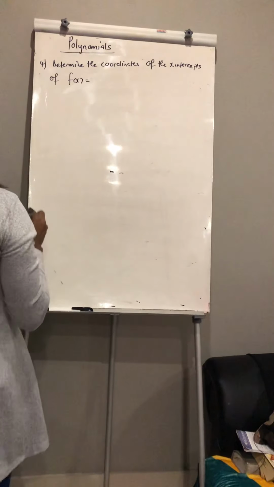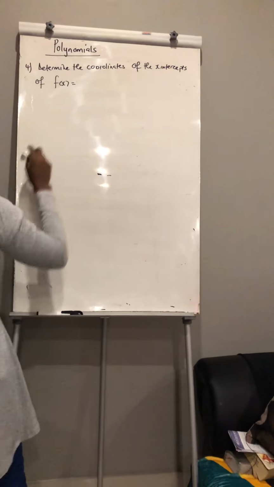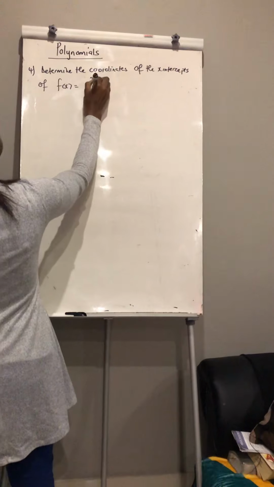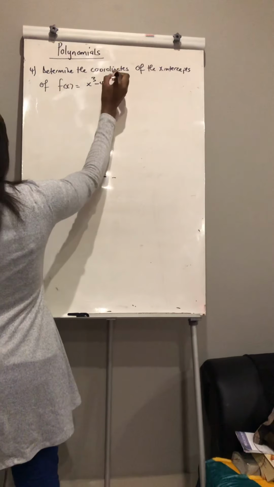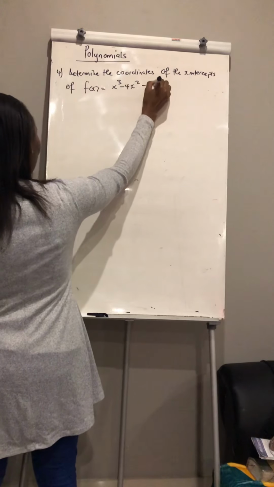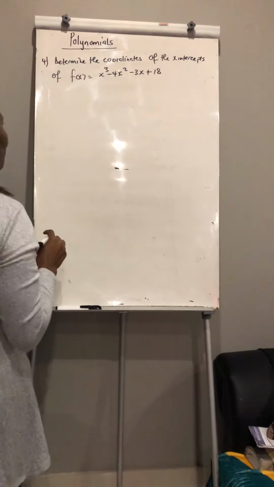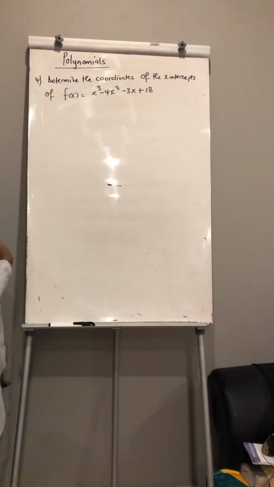Let's see which function we can easily put there. x cubed minus 4x squared should work, and there is minus 3x plus 18 there. Okay, as usual, you try.